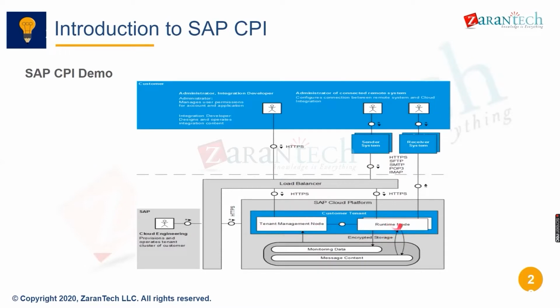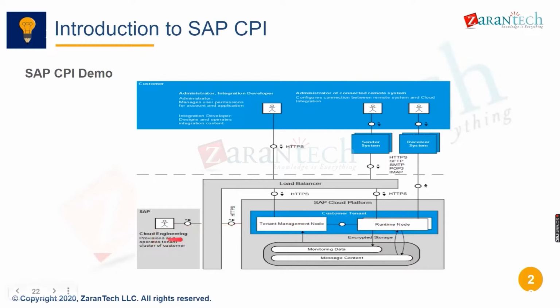Meanwhile, as the operations are executing, it stores the data in the runtime node and it is sent to the mail. As I showed you, the status is completed. The runtime node helps give the status to the tenant management node, whether it is completed or failed or something.